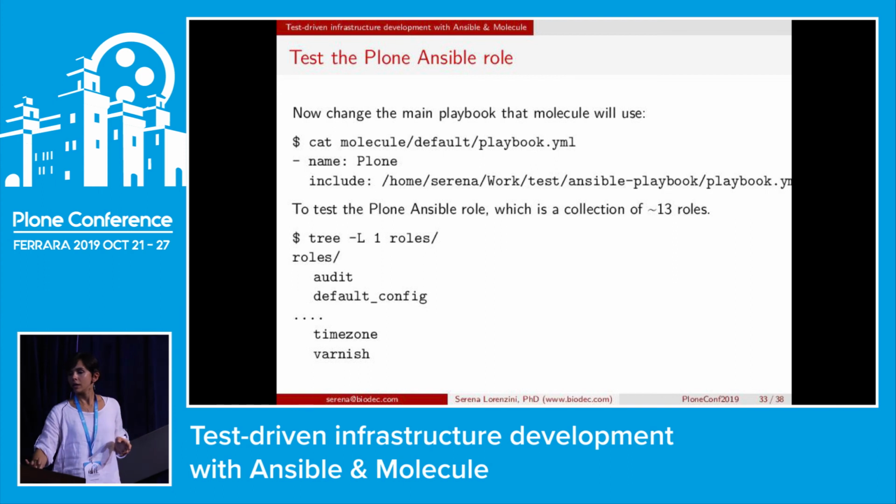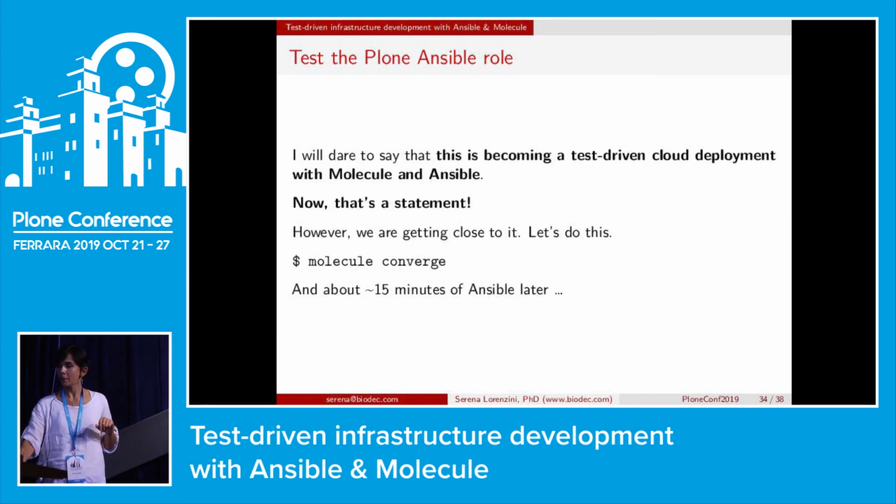So I use the include word instead of the role word, and I include the playbook.yaml file prepared following the Plone instructions. And this playbook is a collection of around 13 roles, more or less, if I'm not wrong.